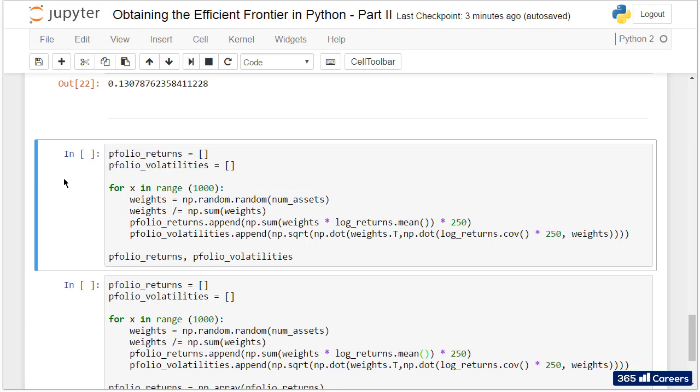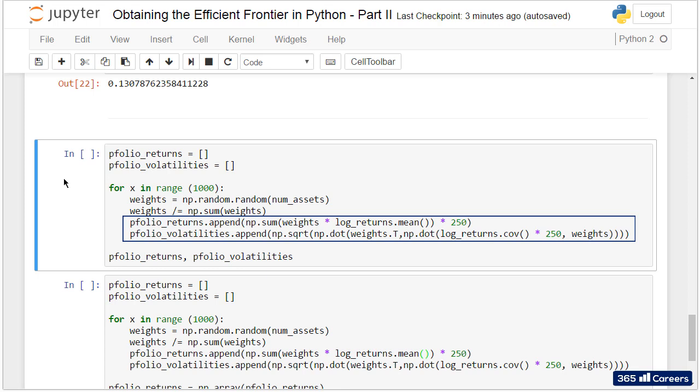Okay. The next two lines of code are of paramount importance. The key is the append method that will add each newly generated portfolio return value to the list portfolio returns. And this operation will be repeated for each pass of the loop until the portfolio returns list accumulates 1,000 observations.